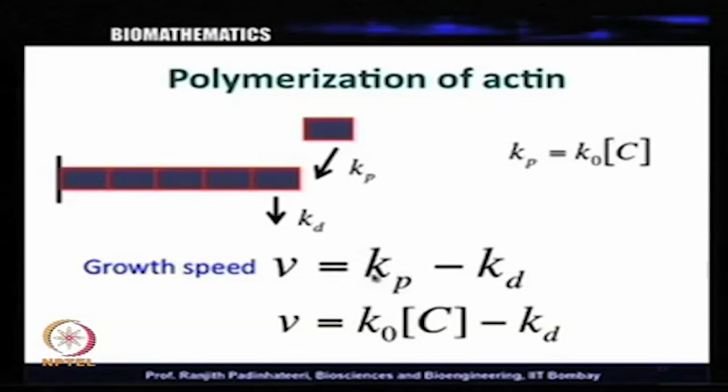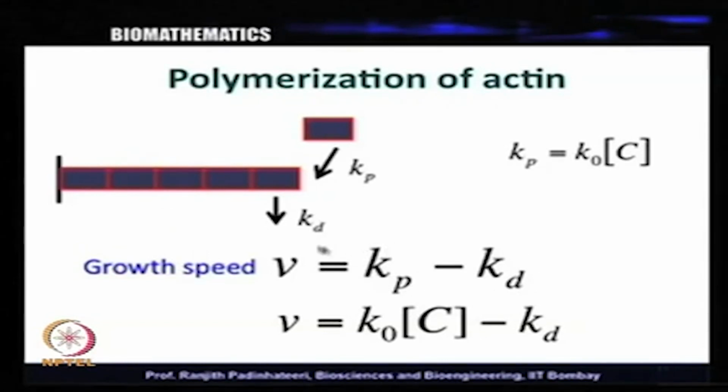The net speed is whatever polymerized minus whatever depolymerized. So, if you have 10 monomers polymerizing per second and 2 monomers depolymerizing per second, the net speed of the filament will be 8 monomers per second. The length of this filament will increase by 8 monomers.